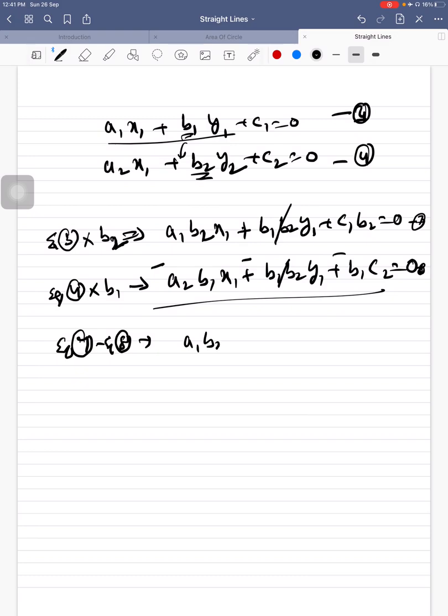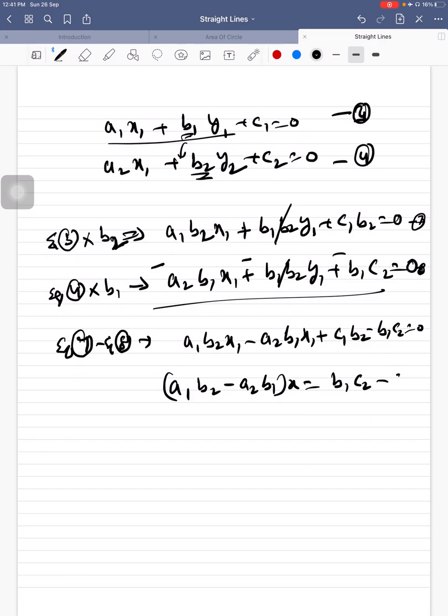So a1 b2 x1 minus a2 b1 x1 plus c1 b2 minus b1 c2 equal to 0. Thus (a1 b2 minus a2 b1) x is equal to b1 c2 minus c1 b2. Now x is equal to (b1 c2 minus c1 b2) divided by (a1 b2 minus a2 b1).